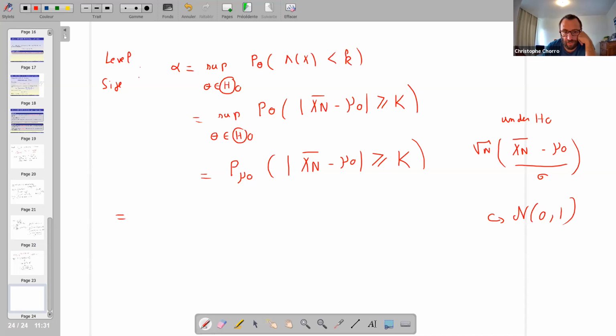So this is simply the probability of what? I want to use this fact in order to compute this probability from the table of a Gaussian.